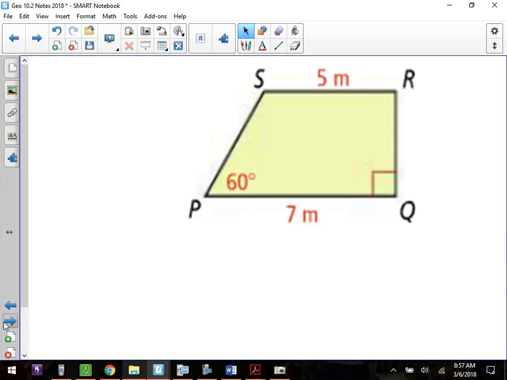Now we've had stuff like this before, where you had to redraw parts to show where your heights were. But in this case, do we know what the value of the height is?